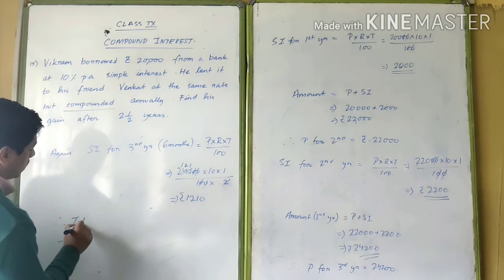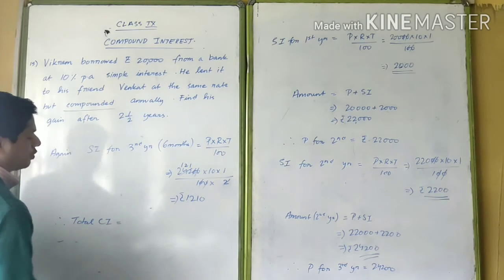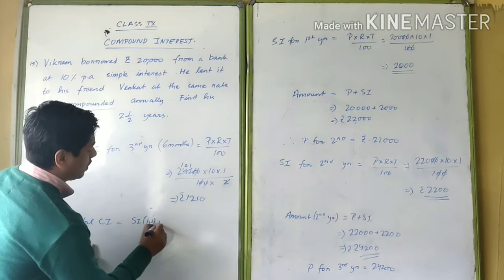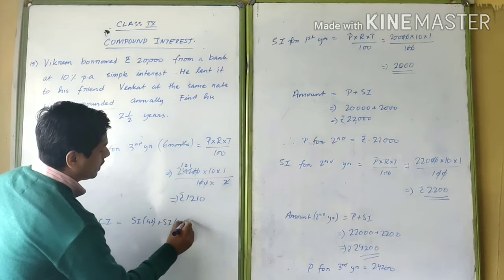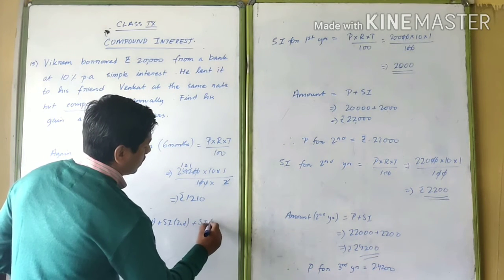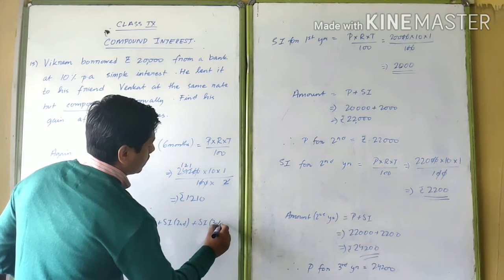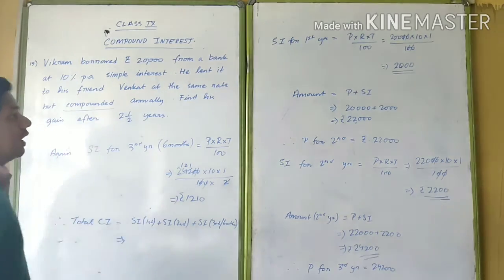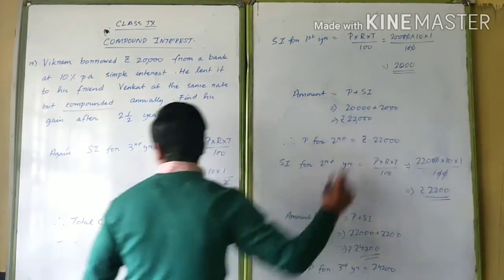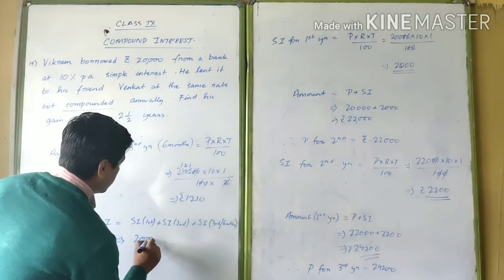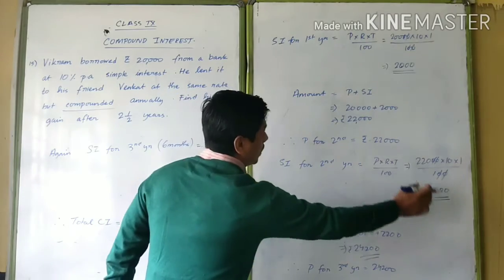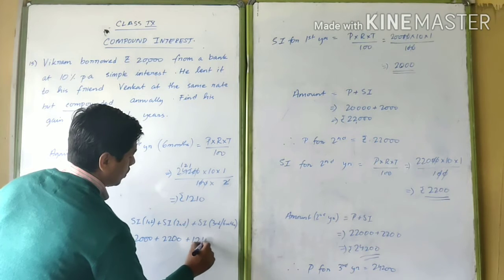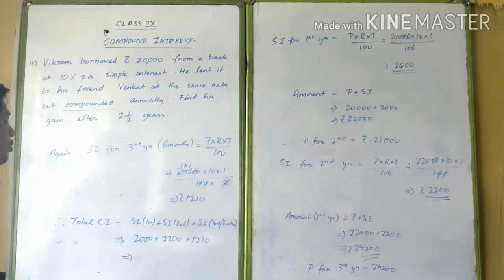Therefore, total compound interest equals SI for the first year, SI for the second year and SI for the third year, 6 months. My SI for the first year was rupees 2,000, for the second year it was 2,200, and for the last 6 months it was 1,210.